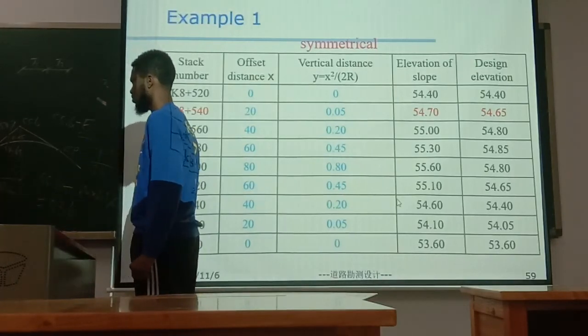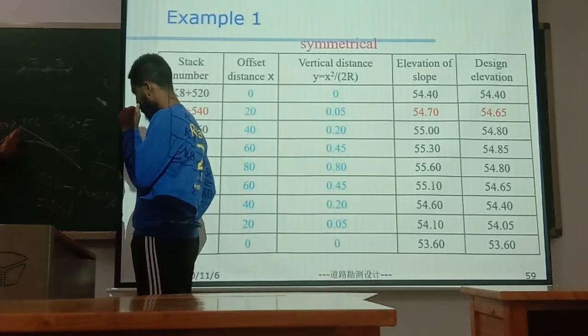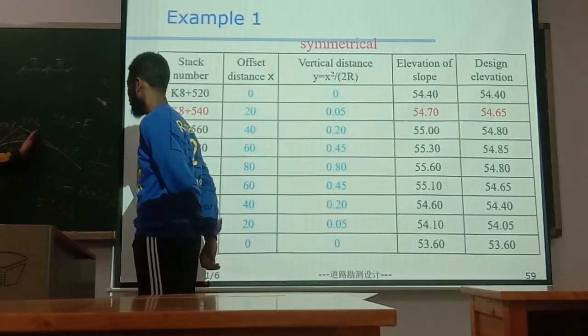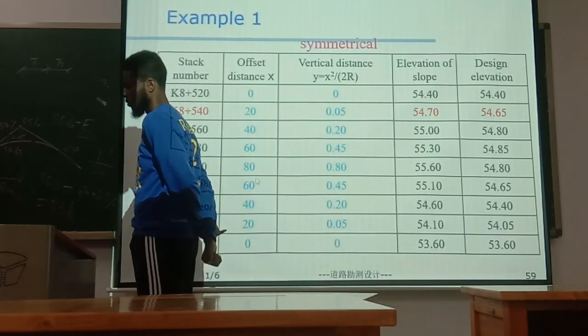If the point is on the right side, how to calculate?